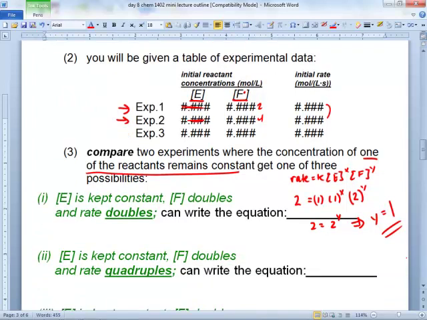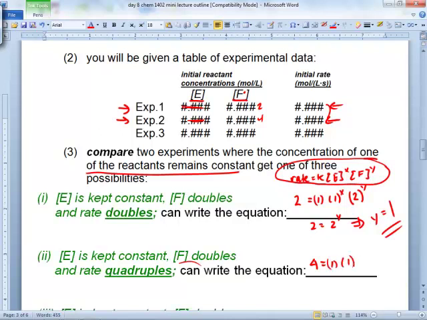So if you pick 2 experiments where E's constant, F doubled, and you find the rate doubles, you're going to end up with one of the exponents being 1. Another option, what if you compared experiments 1 and 2 where E was kept constant, F doubled again, but now the rate quadrupled? Right? You divide this rate by this rate, and you got 4. So you write 4, right? The rate quadrupled, rate constant, he didn't change.